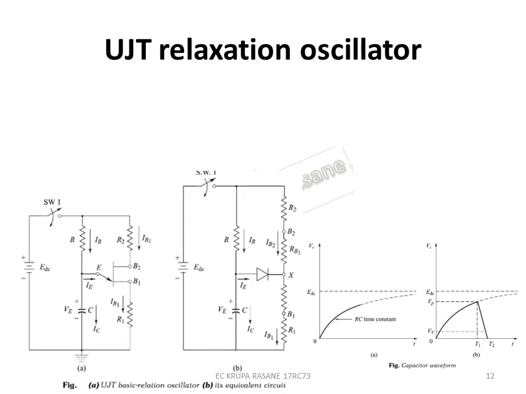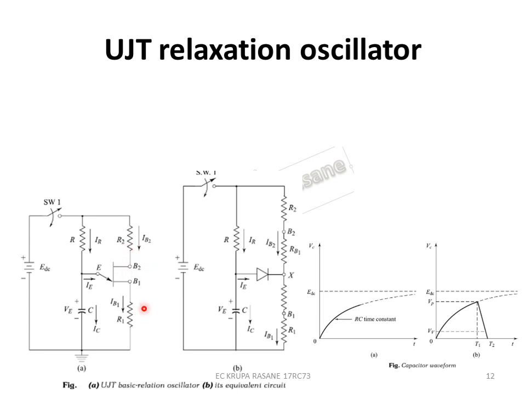Now that we know that a UJT can be used as a relaxation oscillator, let us look at the circuit used to build it. In figure A, we can see that a UJT has been connected with four external elements. We connect R2 to B2. Note that this R2 is different from the internal RB2.